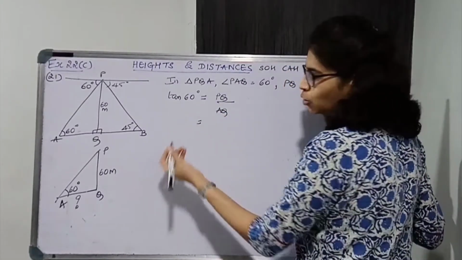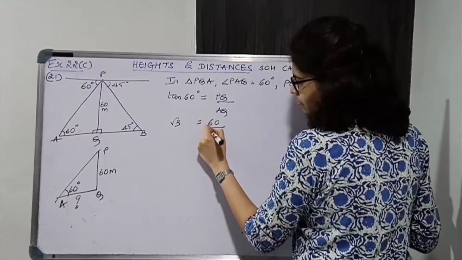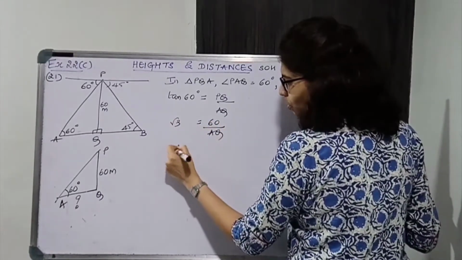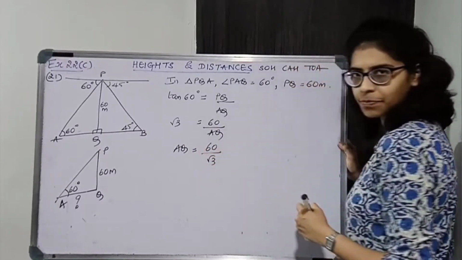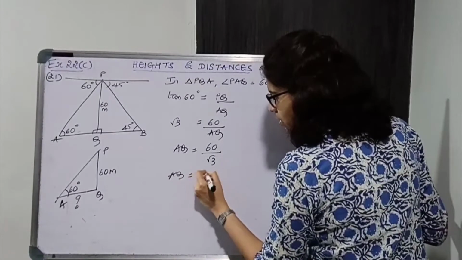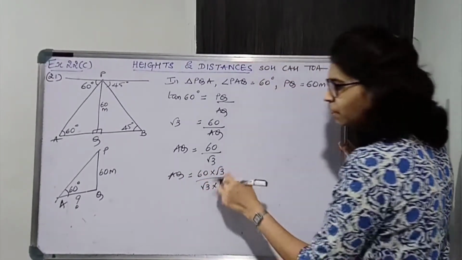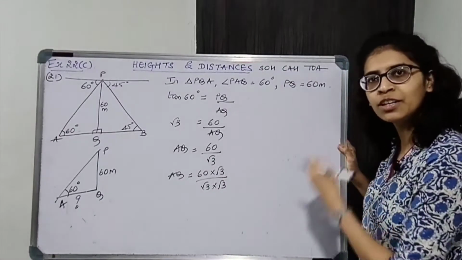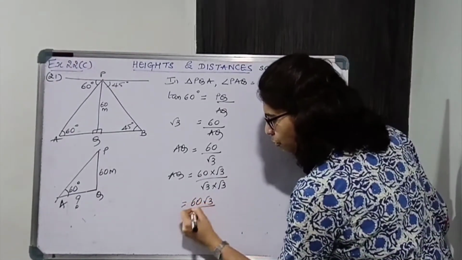Tan 60 is √3. ठीक है. PQ is 60 upon AQ. Shift AQ. So AQ is equal to 60 upon √3. Alright. So AQ is equal to 60 into √3 upon √3 into √3. We'll rationalize. We never keep root in denominator. ठीक है. So 60 √3 upon √3 into √3.